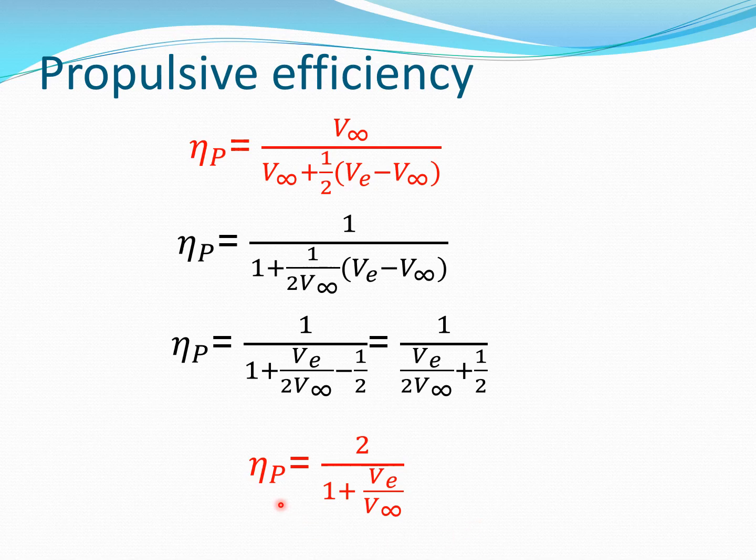That is eta P, the propulsive efficiency, equals 2 divided by 1 plus VE by V infinity. So now we are able to express the propulsive efficiency completely in terms of two velocities, which are the velocity at the exit and the velocity at the entrance, which is coming in, or V infinity.